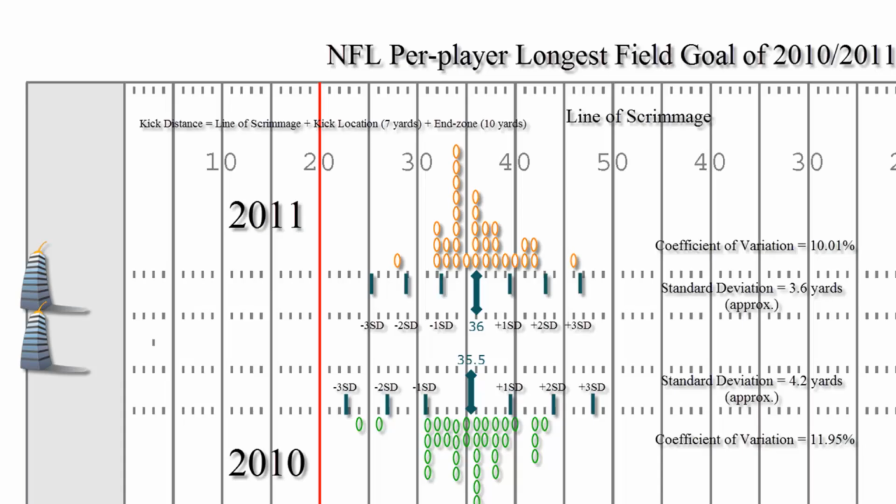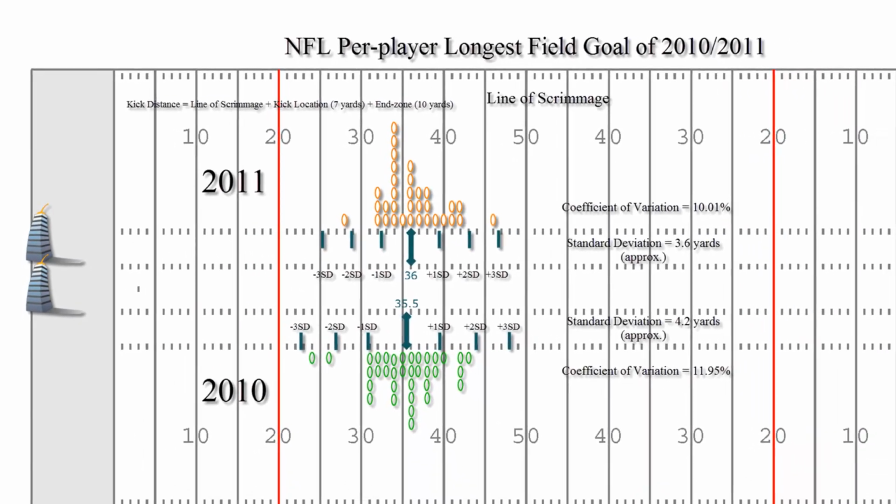You can tell that the tick marks in the 2010 season, which represent 1, 2, 3 standard deviations away, are actually a further distance. But again, all of the kicks are within -3 standard deviations or +3 standard deviations, which is the same thing as saying all the kicks are between a z-score of -3 and +3.